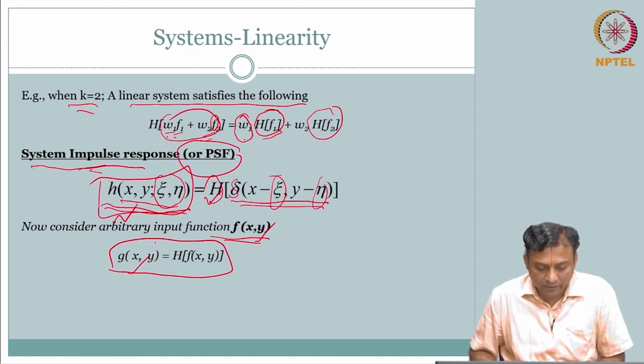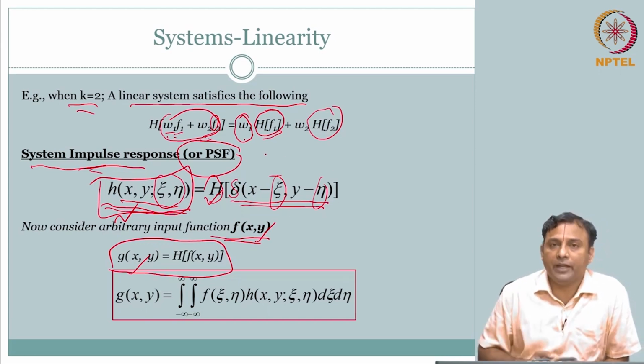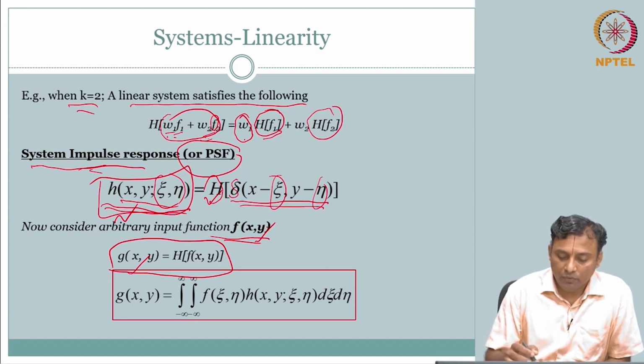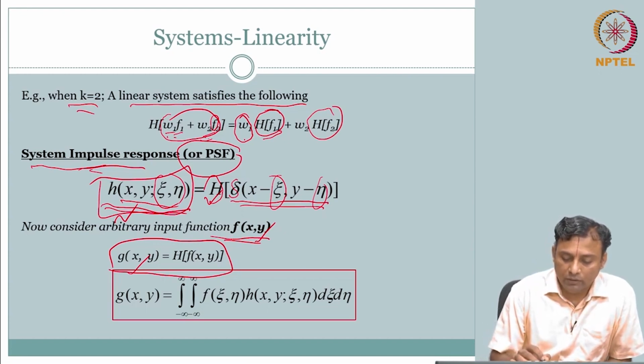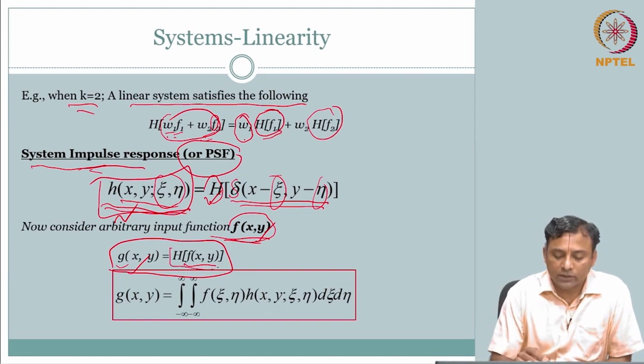Now the question is, how can I write an output if this is my input? The interesting thing is, if you present the arbitrary signal f of x comma y, I get g of x comma y by operating through the system.